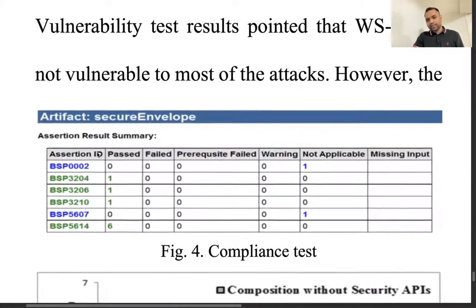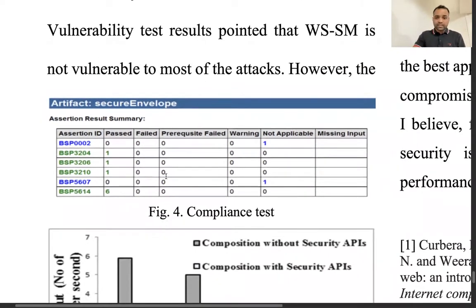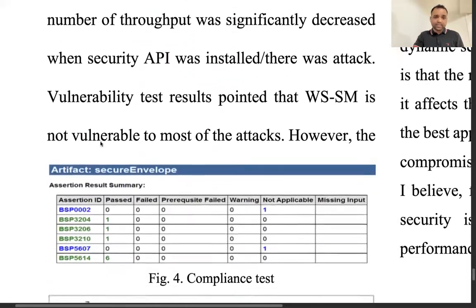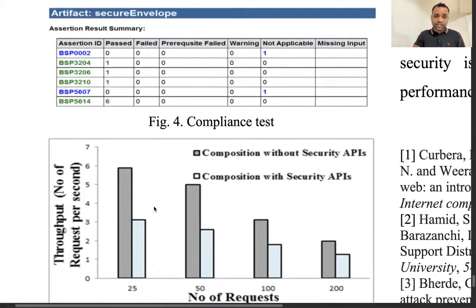This test will tell you whether your sending message or security system is interoperable or not. So we can see from this table after that compliance test that the WSSM is interoperable because it passed the interoperability test.